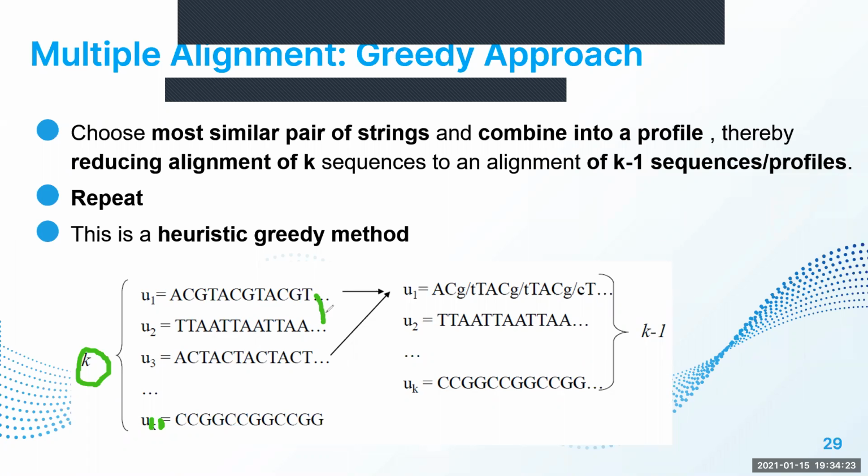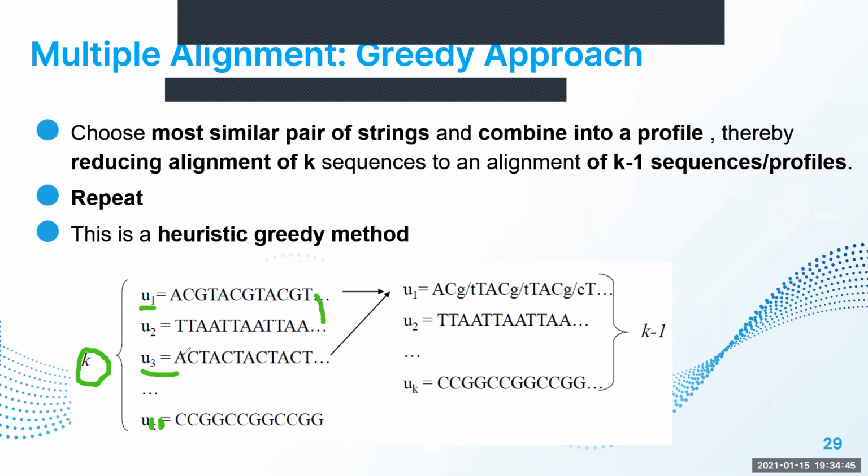Do all the combinations: U1 plus U2, U1 plus U3, and you do all the pairwise alignments. Then you check which sequences are most similar. Here U1 and U3 are the most similar ones.